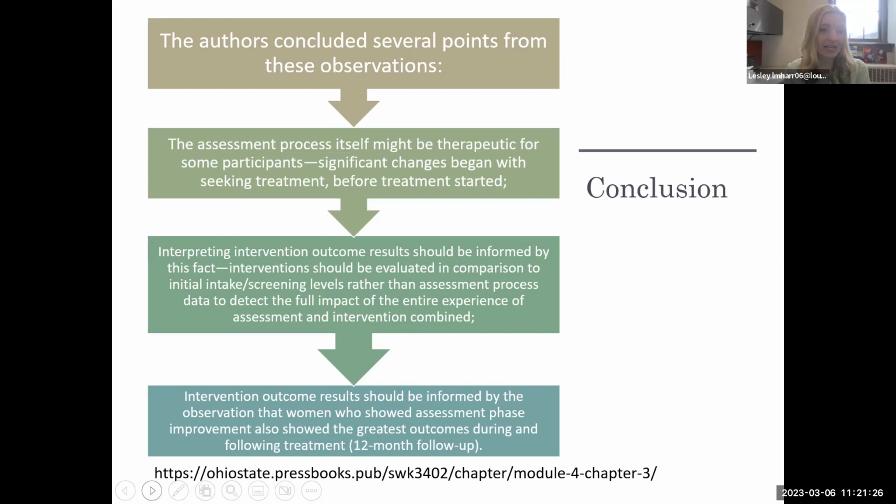And lastly, intervention outcome results should be informed by the observation, specifically around women in group 2, who had come to a child welfare organization with an active case. Women who showed assessment phase improvement showed the greatest outcomes during and following treatment.